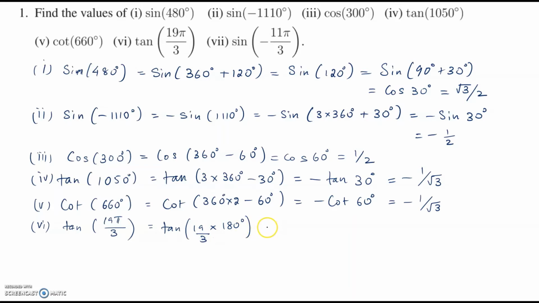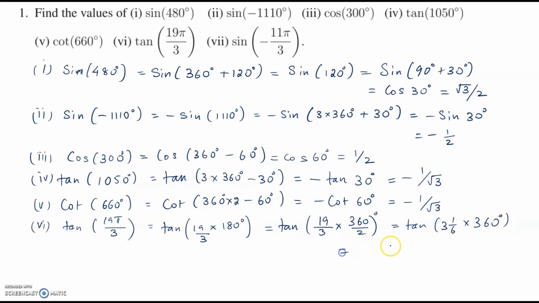Further simplifying, this will become tan of 19 by 3 into 360 by 2 in degrees. So this is equal to, we can rearrange 19 by 3 into 2 as 19 by 6, which is nothing but 3 plus 1 by 6. So this will be tan of 3 plus 1 by 6 into 360 degrees.